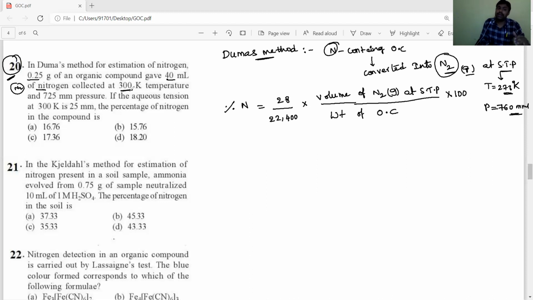But here the temperature given is 300 kelvins. That's why we have to calculate the volume of dry N2 gas at STP condition, at 273 kelvins. At 300 kelvins the pressure is 725 mm, and the aqueous tension of the gas at 300 kelvins is 25 mm.